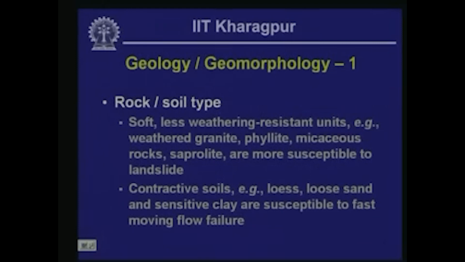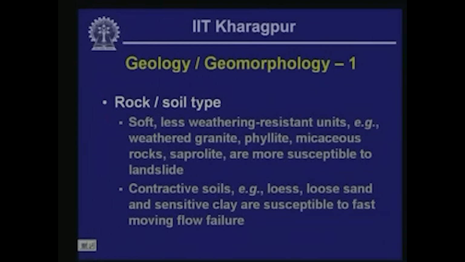A little bit more details about those individual components that we summarized in the previous slide. First, we considered geology and geomorphology in a given area. Prime consideration in this particular case is rock and soil type underlying the slope, underlying the area for which we are trying to assess the landslide hazard.